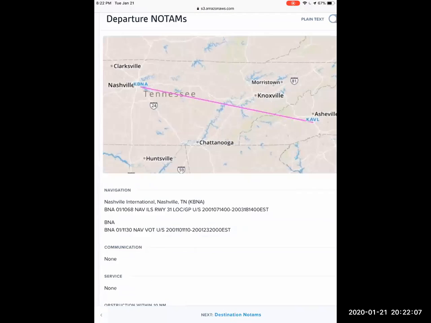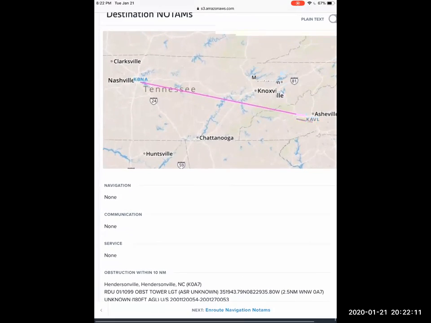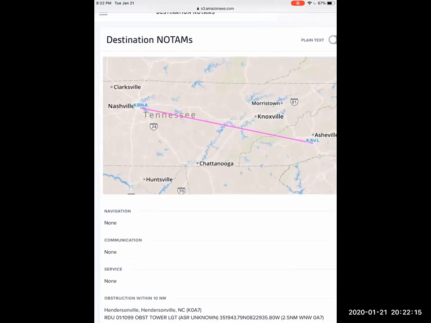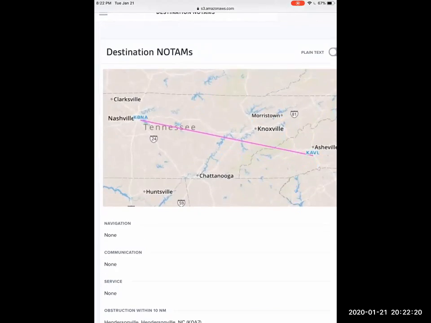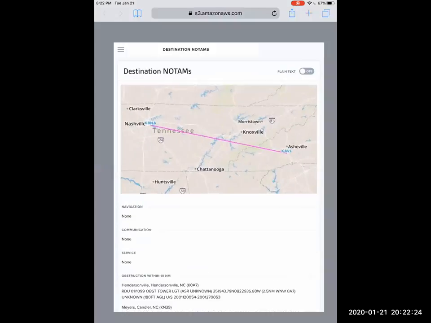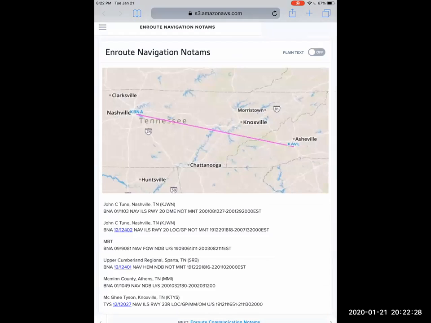Let's jump ahead. One more thing to discuss before I let you guys go is remember that your departure and destination NOTAMs, of course, will be always included. But don't forget, when you start to get into weather briefing specifically, that you're going to start to feel some information overload when you get into the additionals.